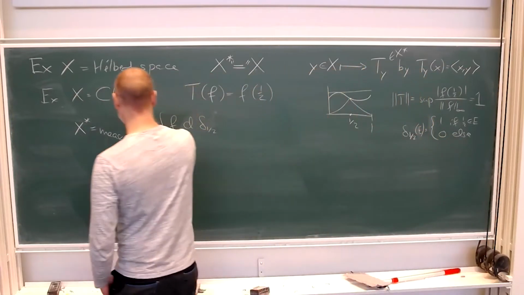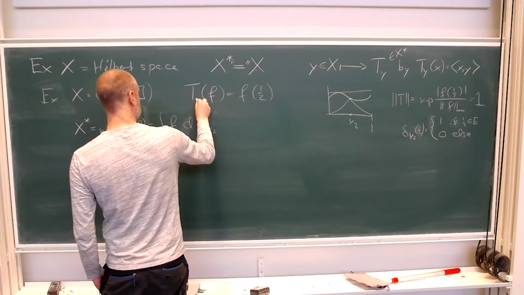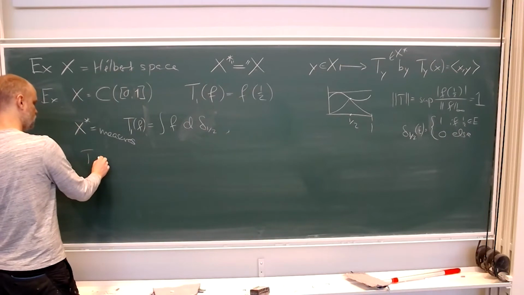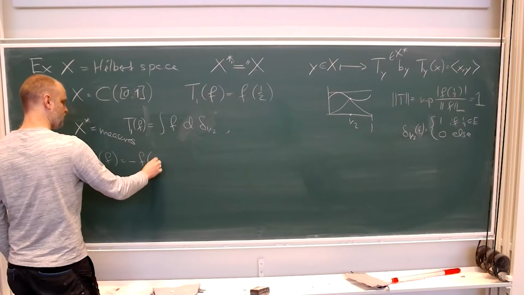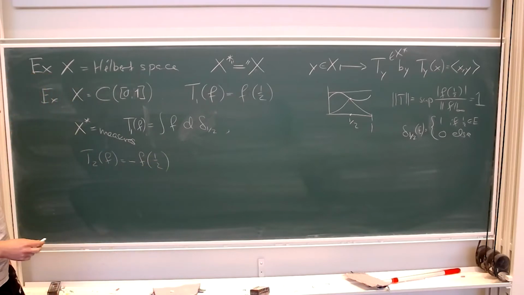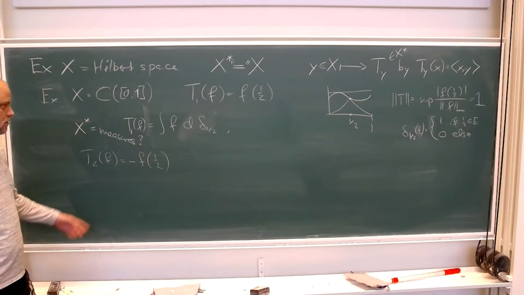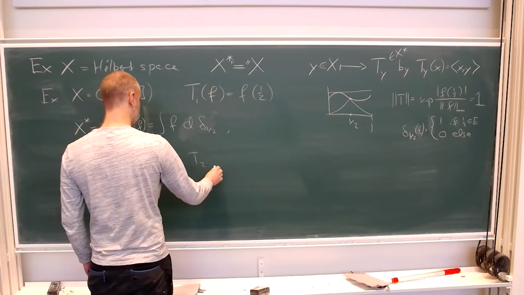Let me call this T1. Look at T2 of f, which I define to be minus f at 1/2. Well, now I cannot write it as what?